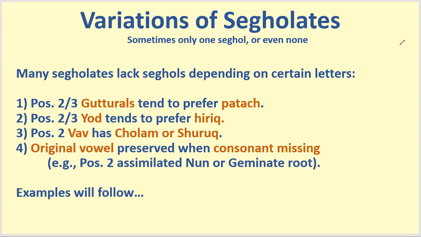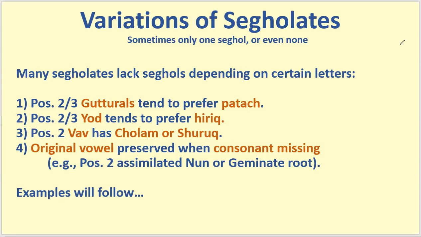Okay, so many segolates are actually going to lack a segol vowel or even both segol vowels, depending on what letters show up in it. For example, suppose a guttural shows up in the second or third position. Well, gutturals tend to prefer patach vowels.